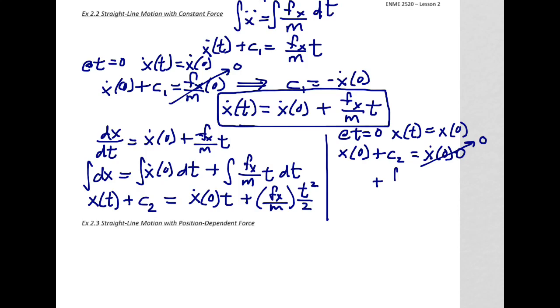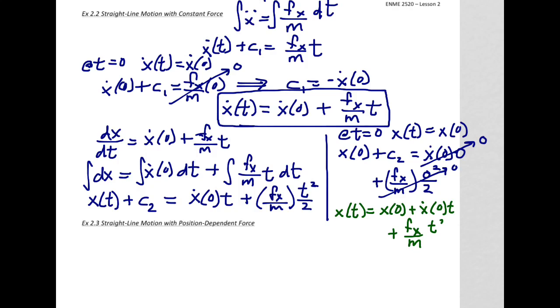Then plus f of x divided by m, and then it's t squared, so at time 0, 0 squared divided by 2. That expression is also 0, and that gives us a final expression for our position: position at any time t is equal to the initial position plus the initial speed multiplied times t plus f of x divided by m times t squared over 2.